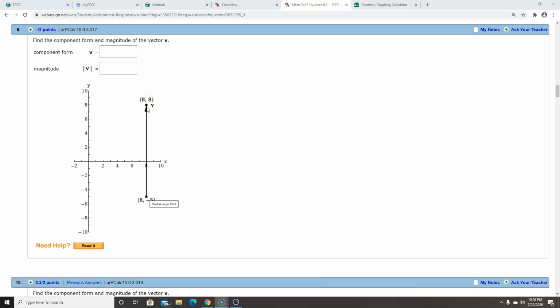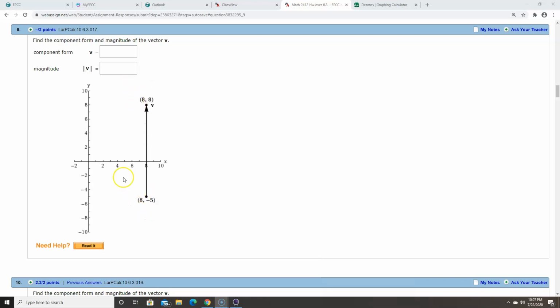You notice this arrow means that's the terminal point of the directed line segment, or the terminal point of our vector v. Then therefore this must be the initial point, and we could put a P right here and a Q right there.